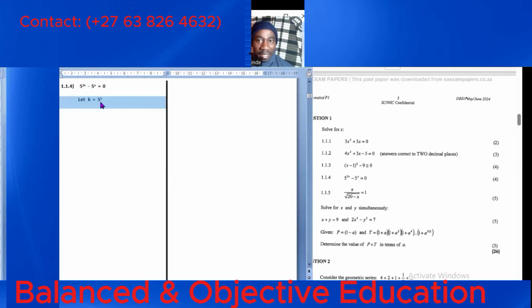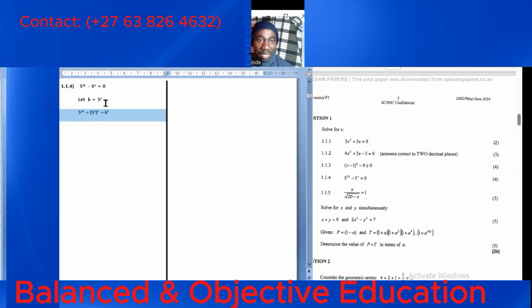And there is a reason I said you must use the term with the lower exponent. If you use the term with the higher exponent, there will be a problem later on when you are doing your calculation. So to make life easier, and the correct way to do this is to equate this K to the term with the lower exponent. And in this case, that is 5 exponent x. So now, if you look at the first term, 5 exponent 2x, 5 exponent 2x can be rewritten as 5 exponent x all squared.